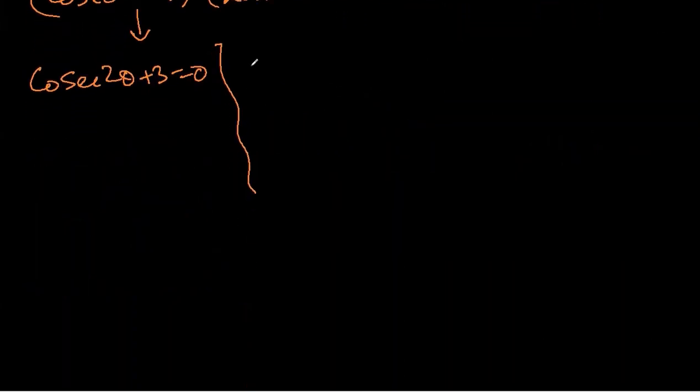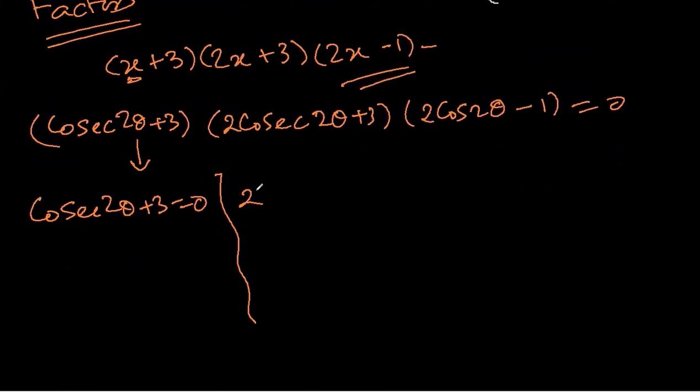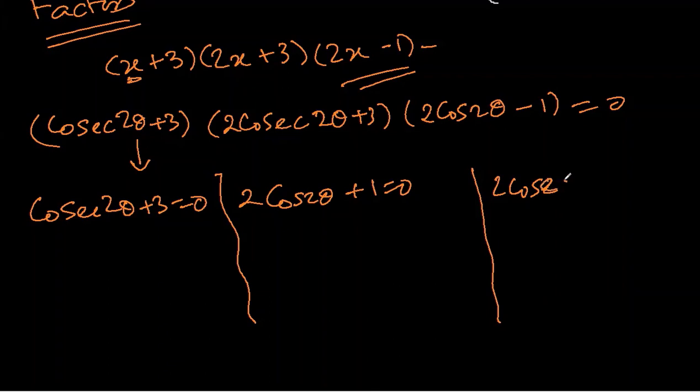Let's write the second one also. We had 2 cosecant 2 theta plus 3 equal to 0. Third one, 2 cosecant 2 theta minus 1 equal to 0. So this becomes cosecant 2 theta equal to minus 3.